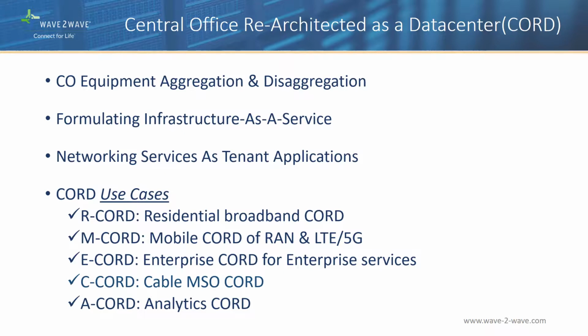C-CORD, or cable MSO CORD, which is a Wave-to-Wave suggested architecture to define triple play services capable residential architectures. A-CORD for analytics that addresses all four use cases and provides a common analytical framework for a variety of network management and marketing purposes. Based on subscriber and network deployment volume, R-CORD is considered the largest opportunity for both OpEx and CapEx reductions. Next slide, please.